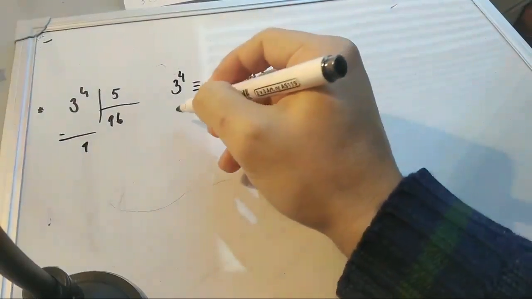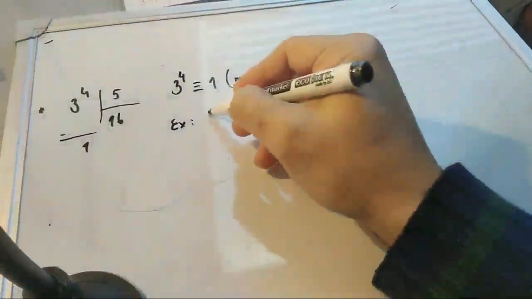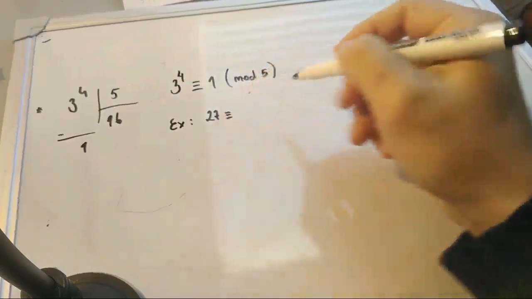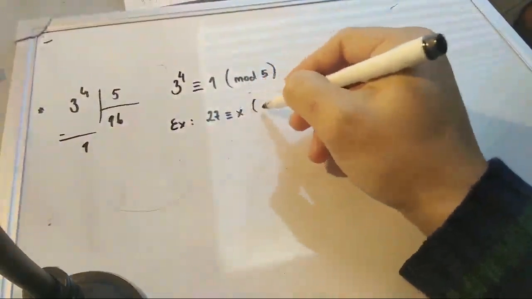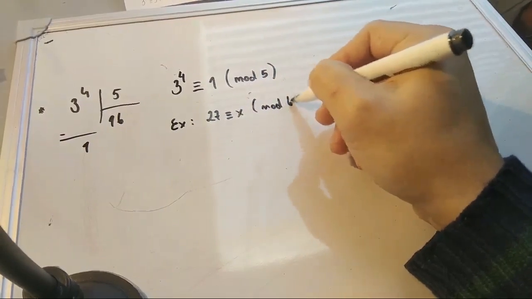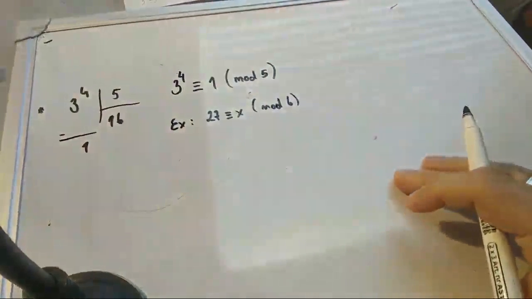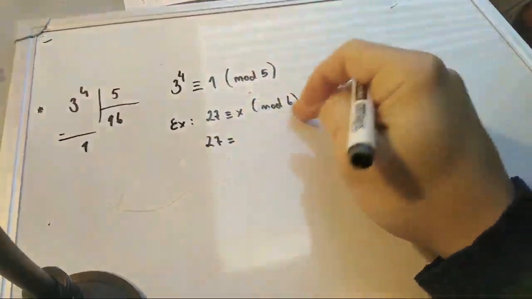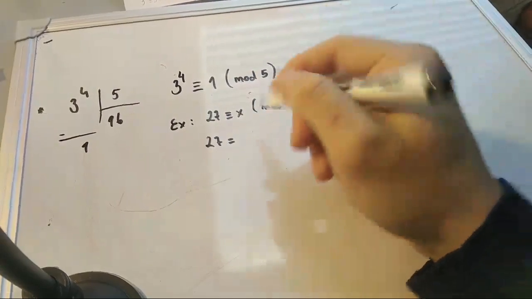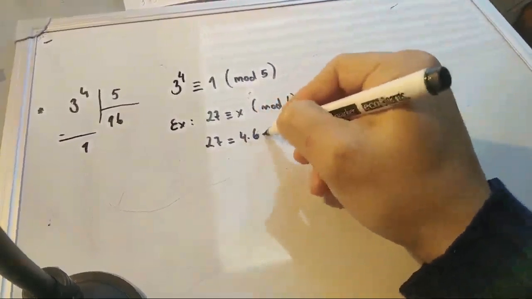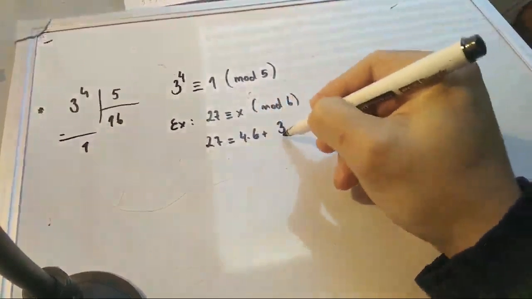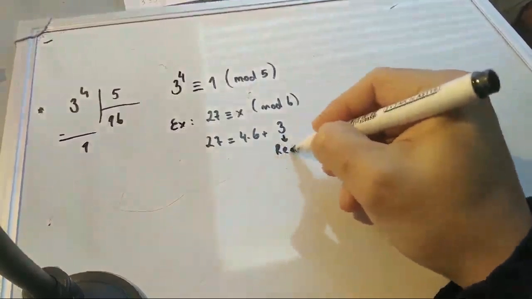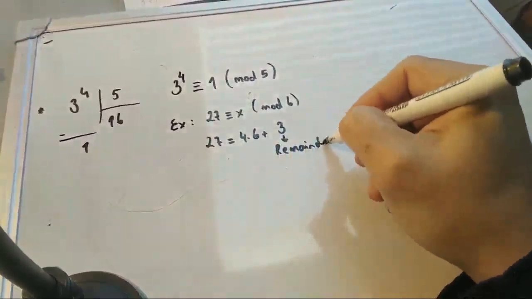For example, 27 is congruent to x in mod 6. When we divide 27 by 6, 27 is equal to 4 times 6, plus 3, and 3 is the remainder.